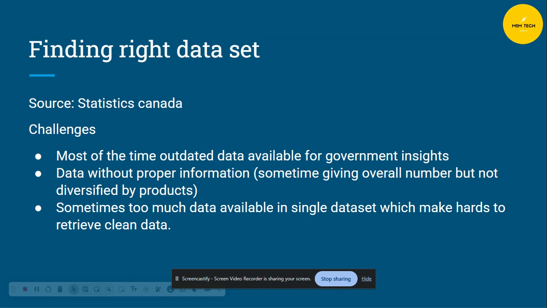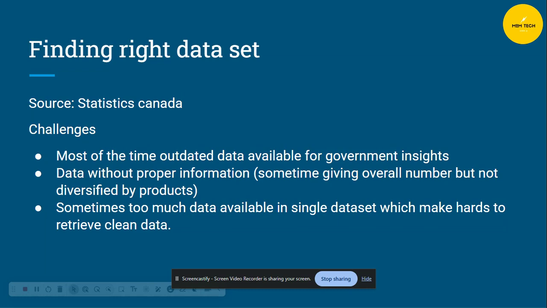So it was hard for me to visualize old data, and that's what I don't really prefer. Sometimes data comes without proper information; sometimes they give just the code for the product and don't give the description, or when they give the description it's too long.